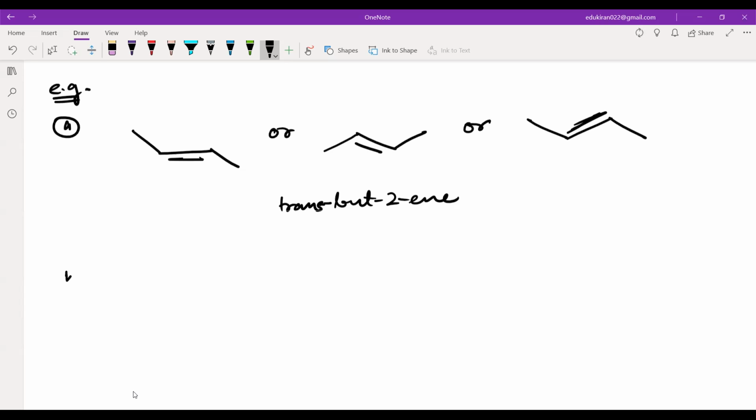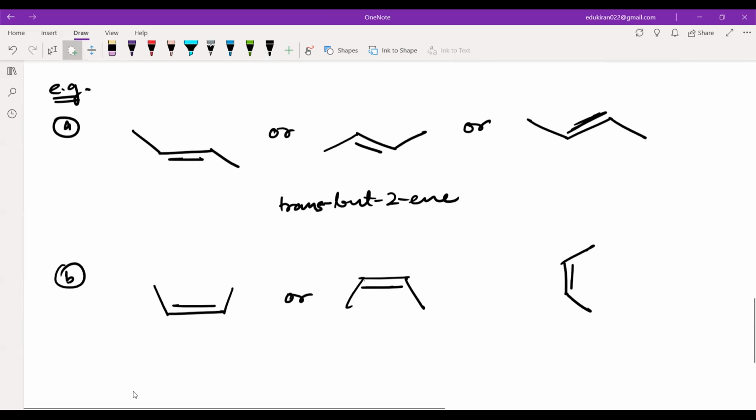Okay. Similarly, there are two ways. If you have this structure or this structure, or you can also have this type of structure, or you have this type of structure. Make some more space here.